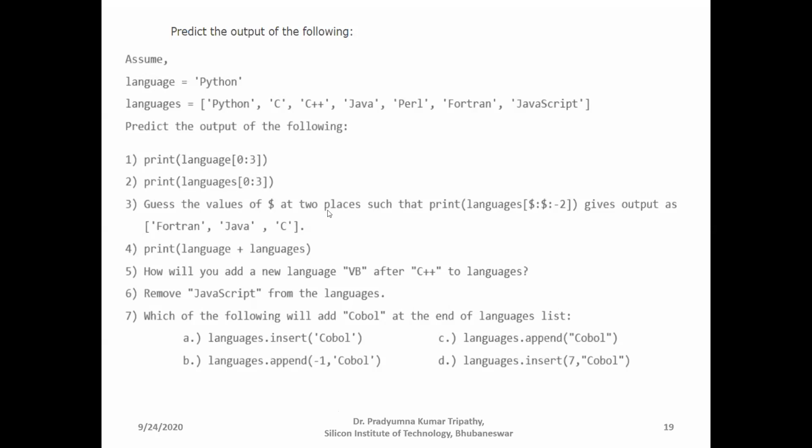Guess the value of dollar at 2 places, what should I write over here so that my output comes as Python, Java, C, Python, Java and C.